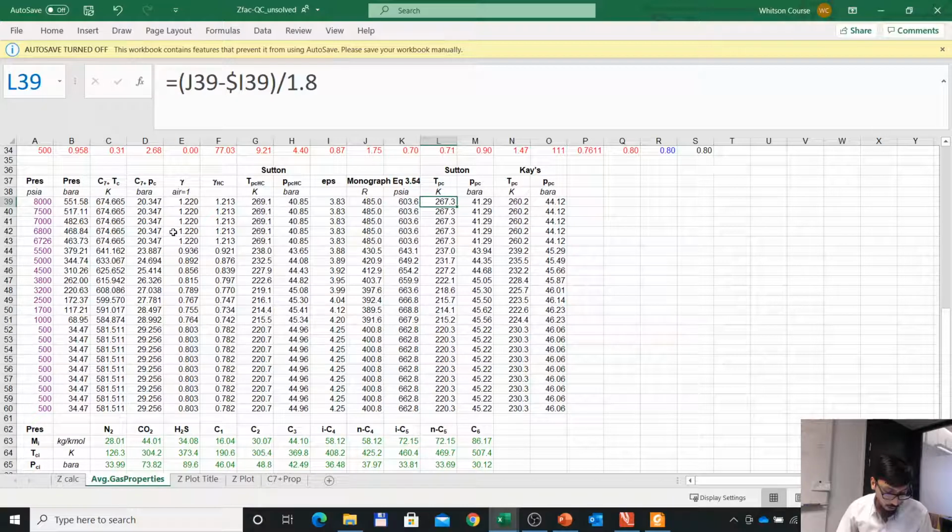And all these calculations are already programmed here. If you want to understand how these equations are being implemented, you can just double check them with the equations given in the SPE monograph.